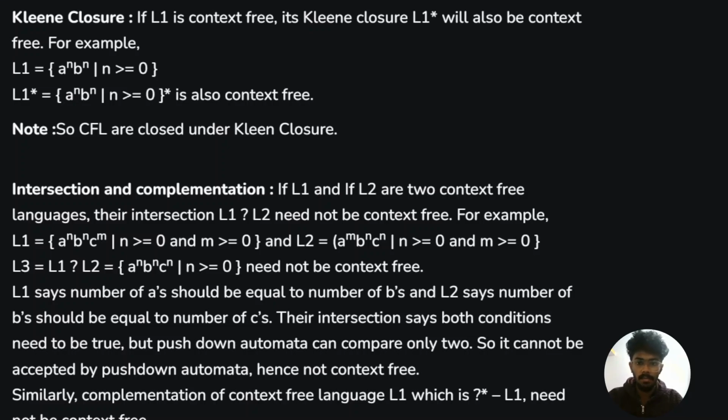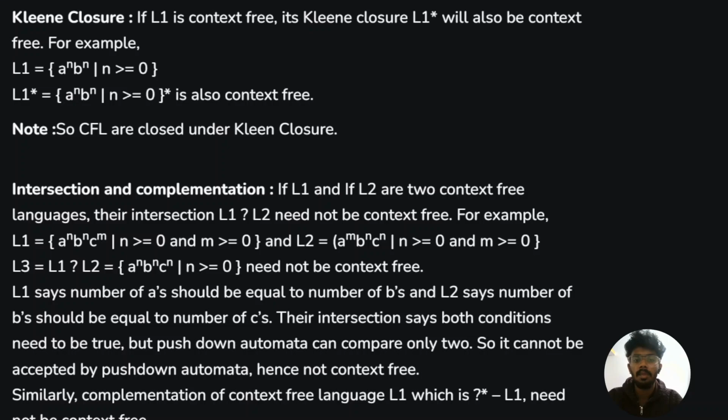Intersection and complementation. If L1 and L2 are context-free languages, their intersection L1 ∩ L2 need not be context-free. For example, here L1 says the number of A's should be equal to the number of B's, and L2 says the number of B's should be equal to the number of C's.